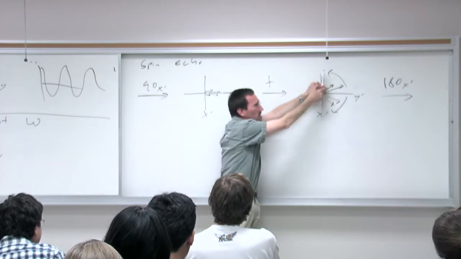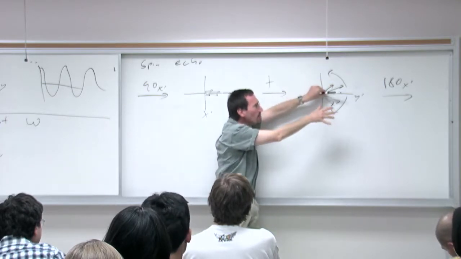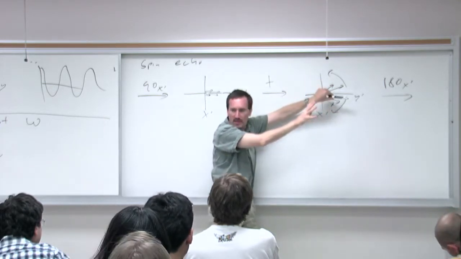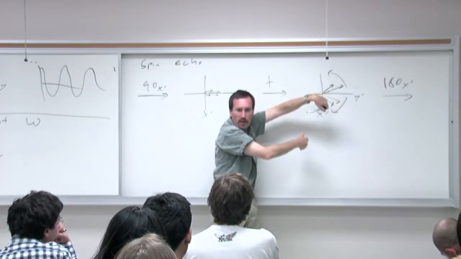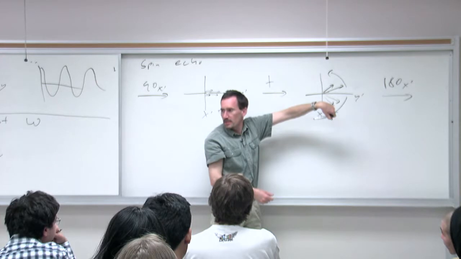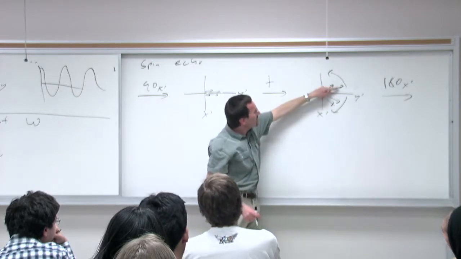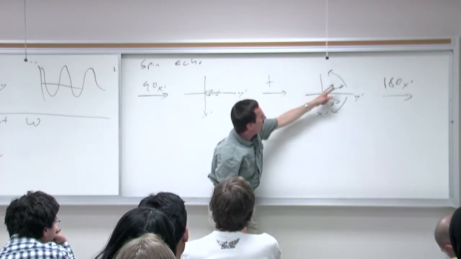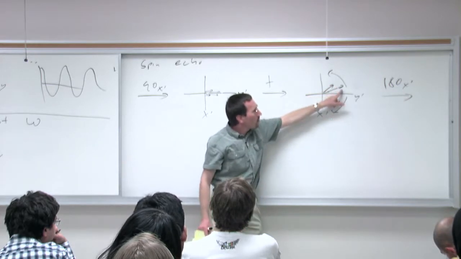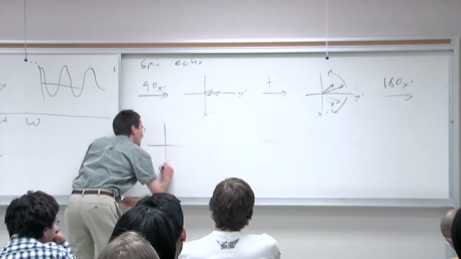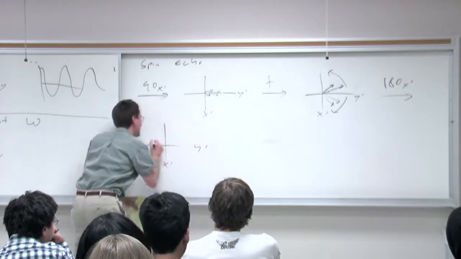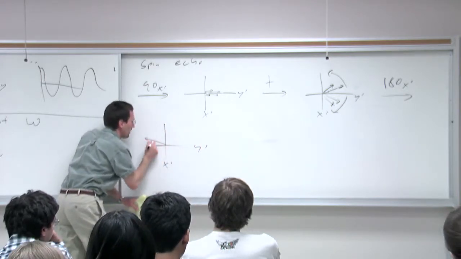Any component of your vector that's along the y prime axis flips over 180 degrees. Does that make sense? So when we take this vector and we apply our 180-degree pulse, the y prime component comes on over to the negative y prime.